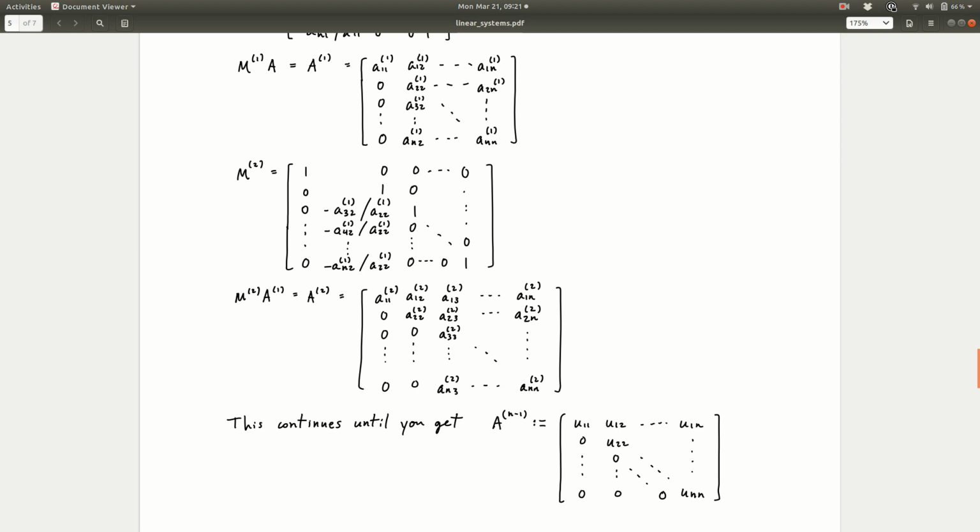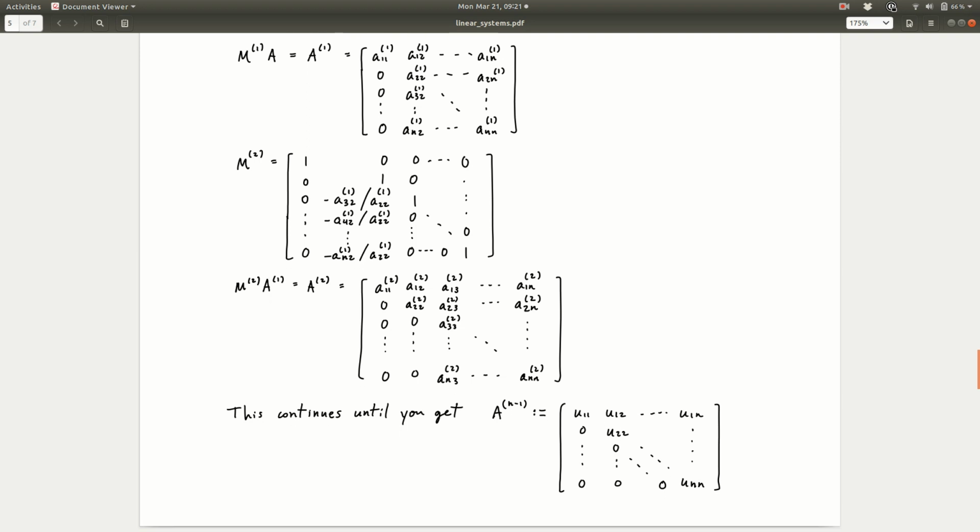The notation I'm using for An minus 1 is just U, an upper triangular matrix. So this is how Gaussian elimination works. If you're not convinced, go ahead and take out a sheet of paper and write out the matrix multiplications.